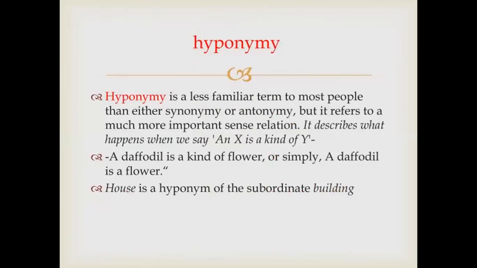What is hyponymy? Hyponymy is a less familiar term to most people than either synonymy or antonymy, but it refers to a much more important sense relation. It describes what happens when we say an X is a kind of Y. For example, a daffodil is a kind of flower, or simply, a daffodil is a flower.